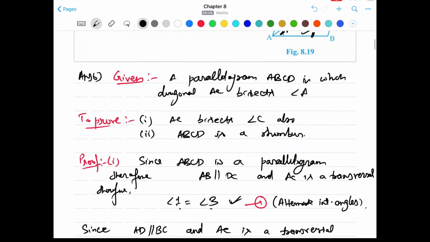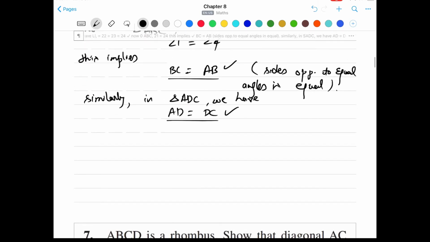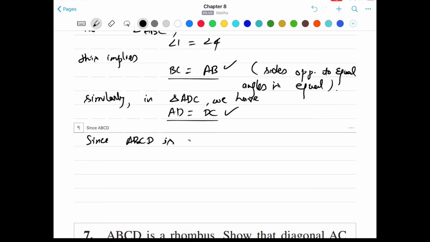And since it's given that ABCD is a parallelogram, that means its opposite sides also will be equal. So since ABCD is a parallelogram, its opposite sides will also be equal.